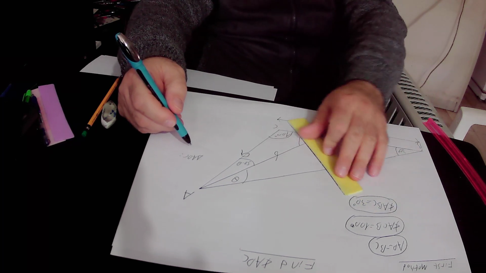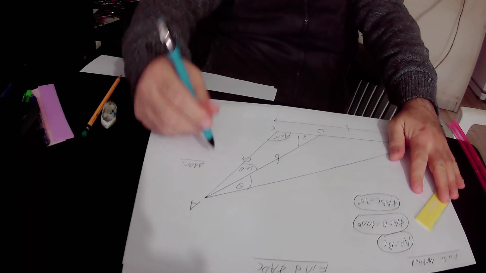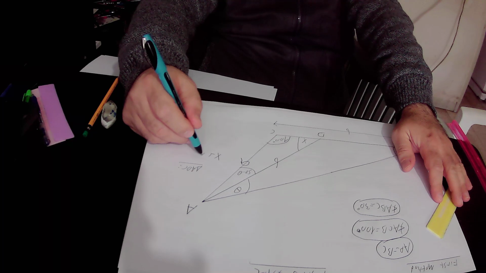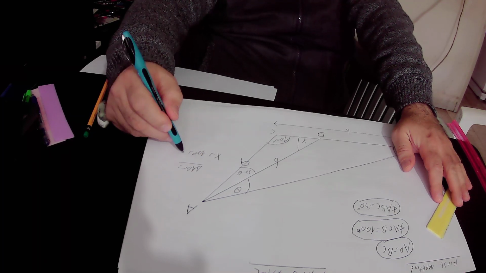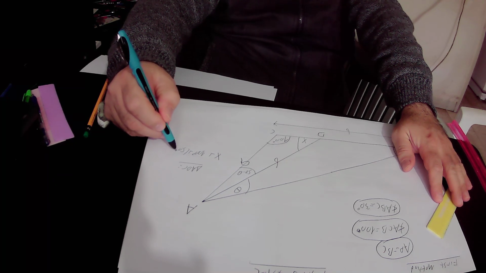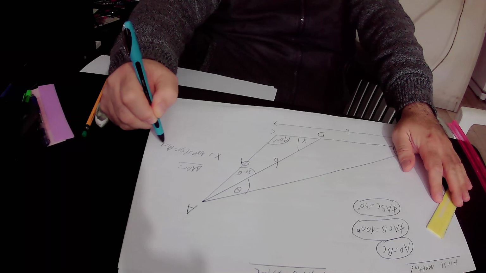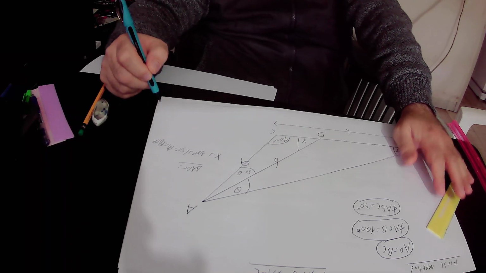That is to say, angle X plus 100 degrees plus 50 degrees minus theta must be equal to 180 degrees. The sum of the angles in any triangle is equal to 180 degrees.